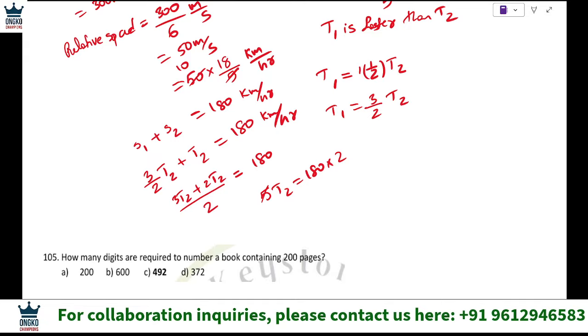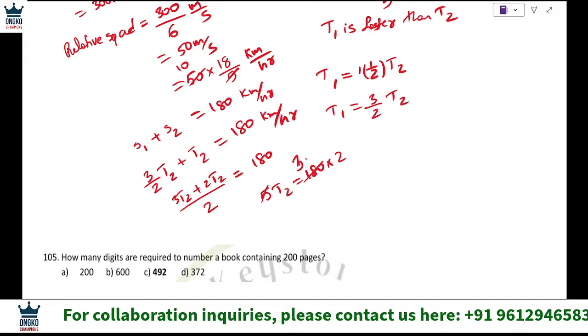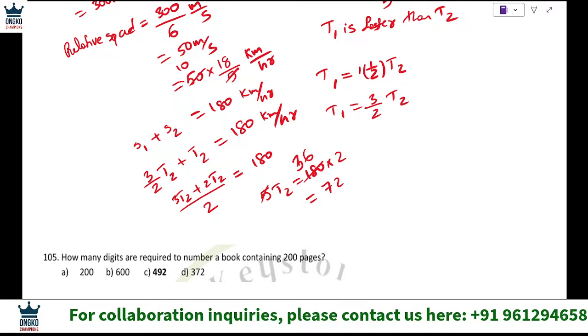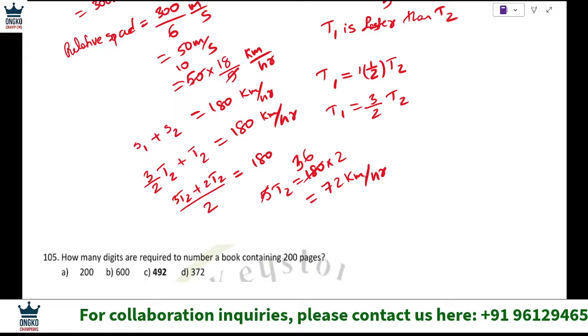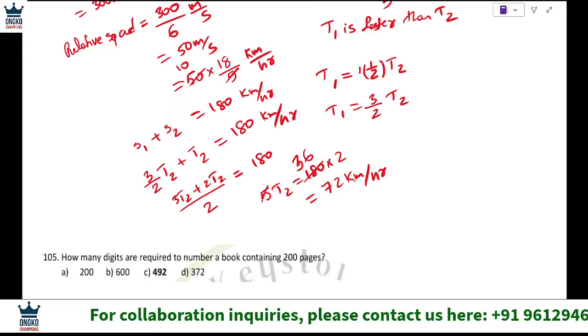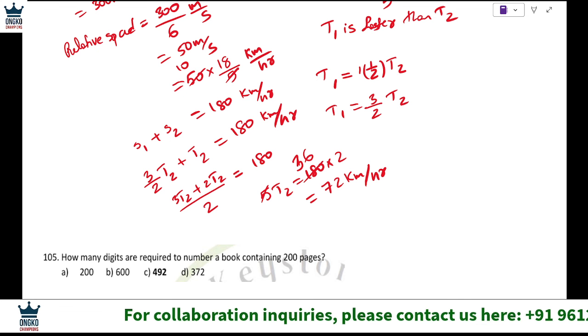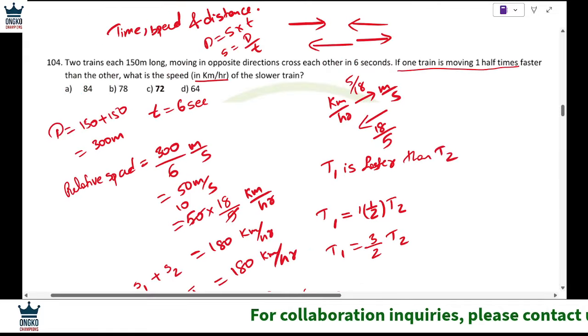Multiply by 5: 1 times 5 is 5, 3 times 15, remainder 30, 5 times 6. Then we get 72 kilometers per hour. The slower train is t2, since t1 is faster than t2.